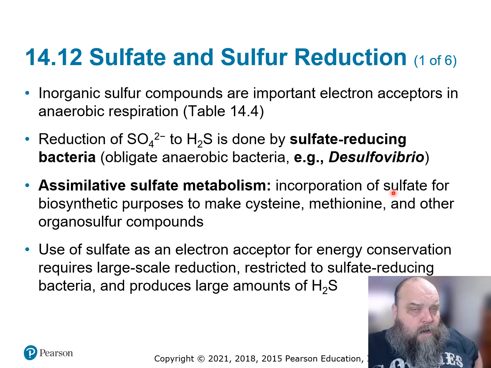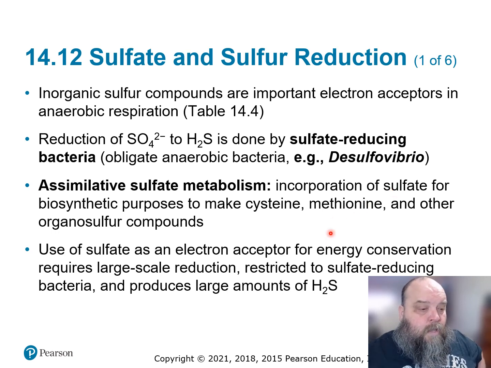Others are going to have an R group that has a sulfur. Cysteine and methionine are two amino acids that have sulfur as part of the R group coming off of the alpha carbon. You can also use sulfate as an electron acceptor.